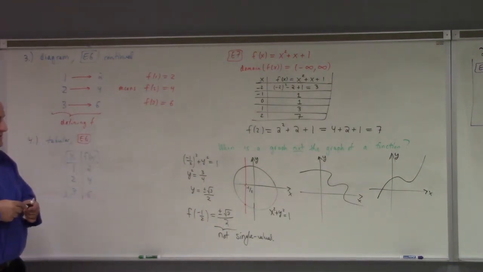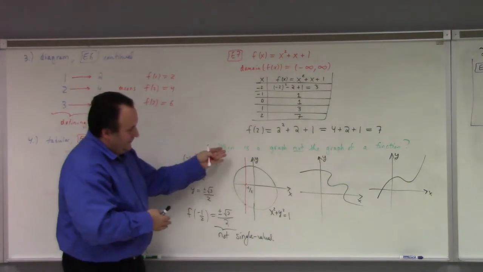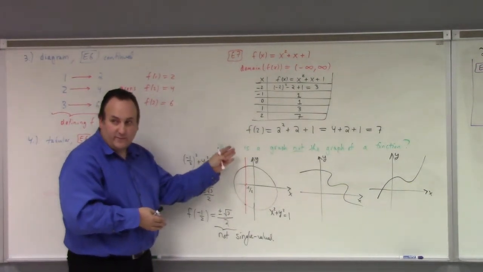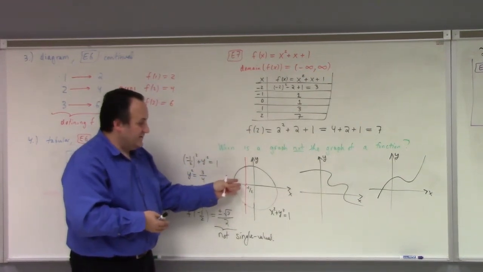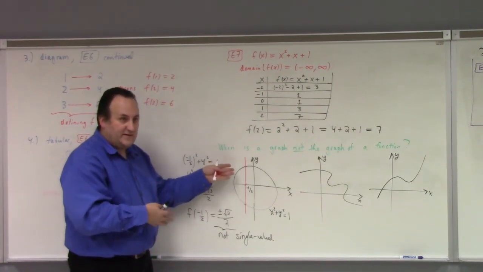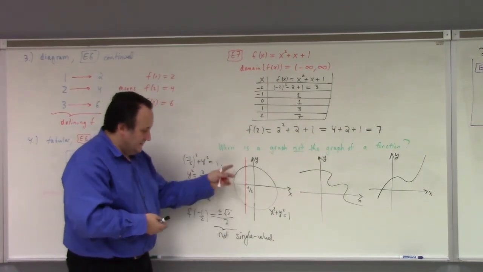So what I'm telling you is if we fail the vertical line test, which means that we take a vertical line and there's some x value in the graph where it intersects the graph at more than one point, that corresponds to the reality that the function needs to output more than one output for that given input, which is not allowed. A function has to be single valued, right?